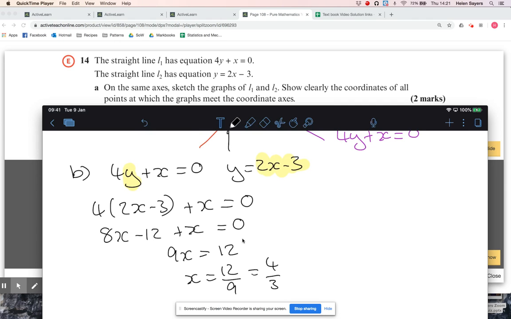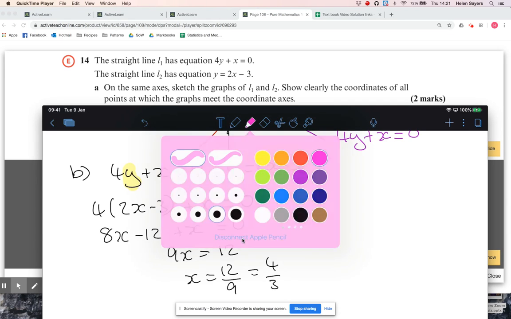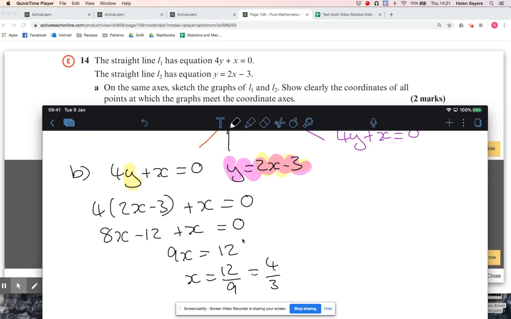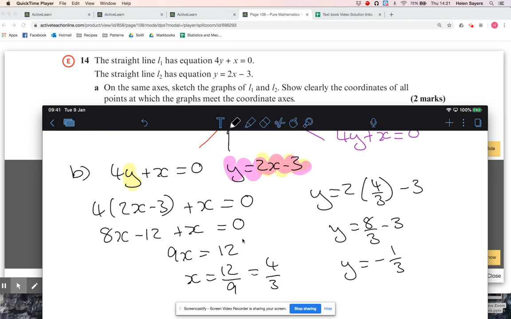And then obviously I want the coordinates, so I'll go back to this equation and say, well, y is 2 times x, and x is 4/3, minus 3, so y is 8 over 3 minus 3, so I think it's going to be minus 1/3.